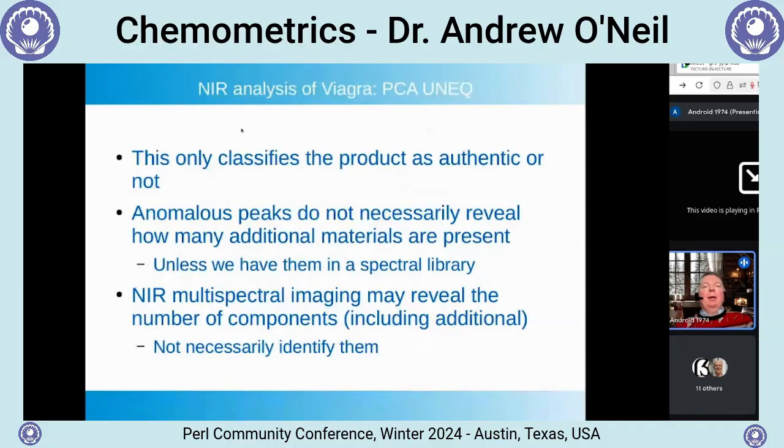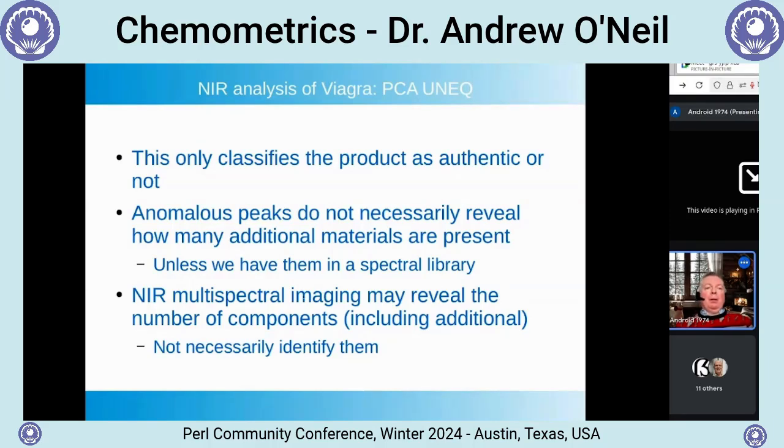One of the drawbacks of doing just spectroscopy is it only classifies the product as being authentic or not. Where there is more than one anomalous, unusual peak, it isn't easy to say how many extra components, how many extra ingredients might be present in a potentially counterfeit version.